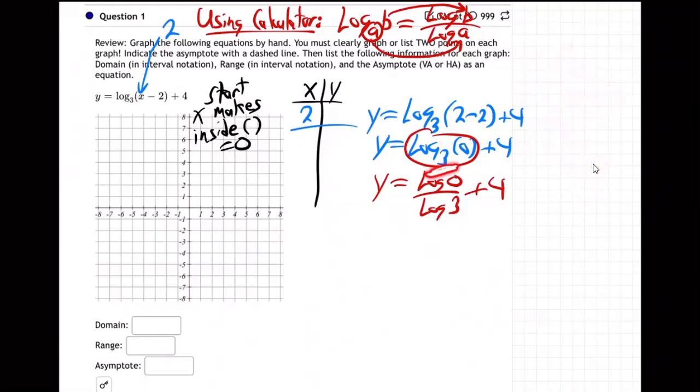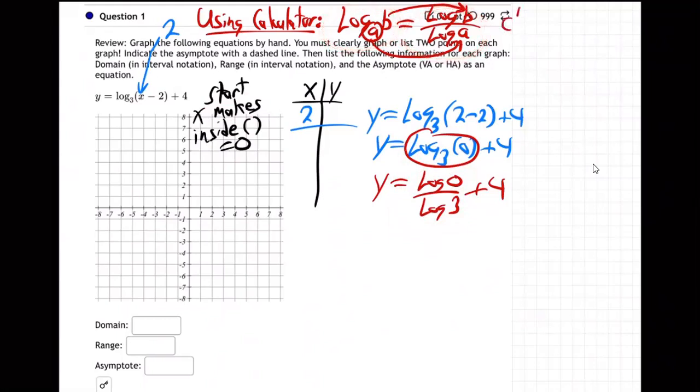Some of the newer calculators do, but most of them don't have a log base 3 button, or all you have is base 10 and base e for natural log. So how do you do a log base 3 then? You turn it into 2 logs. Later, I will prove this is true. For now, I'm sure you trust me, this is true. The lower one goes in the bottom, the higher one goes in the top. We turn 1 log into 2 logs.